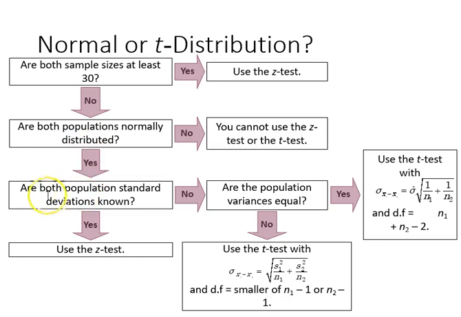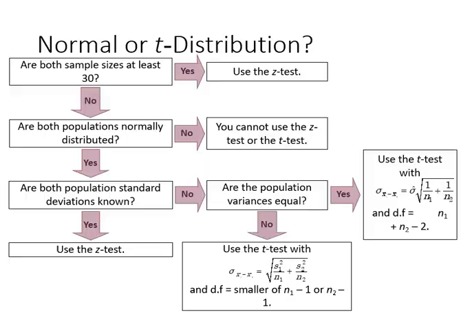If yes, then we need to ask about the population standard deviations. Do we know those? If no, we need to ask, are the population variances equal? If yes, we use the z-test.